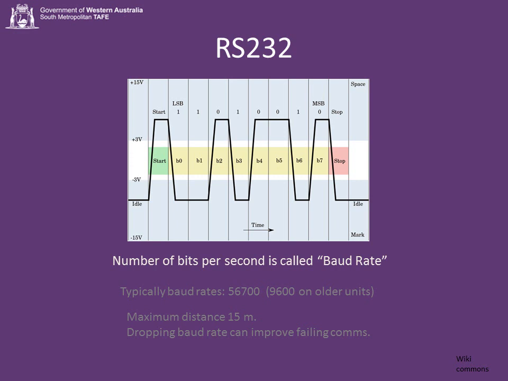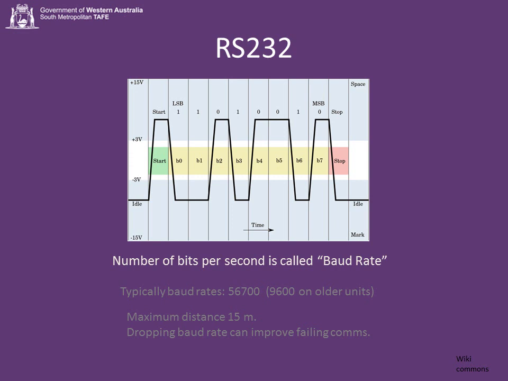So this is RS232. Now, when we're talking about comms, we talk about the number of bits per second, the speed at which communication occurs. We call that the baud rate. Typical baud rates are quite slow, 56,000. Even on the older units, 9,600. But that doesn't matter, because when we're talking to a BMS system or a PLC, it doesn't need a lot of information passing backwards and forwards.